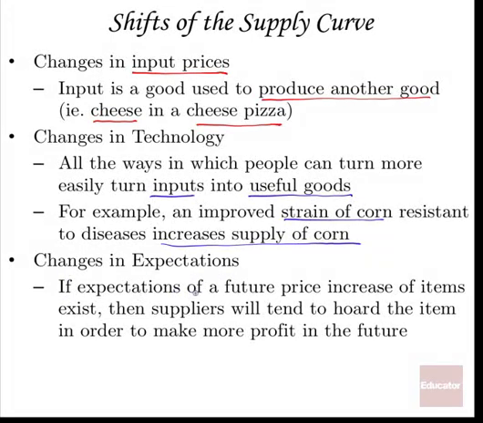If expectations of a future price increase exist, then suppliers will tend to hoard the item in order to make more profit in the future. For example, if I knew for some reason that this pen right here is going to go up 1,000% next month, then the rational thing for suppliers to do is to supply less right now, so supply would actually decrease of these pens.